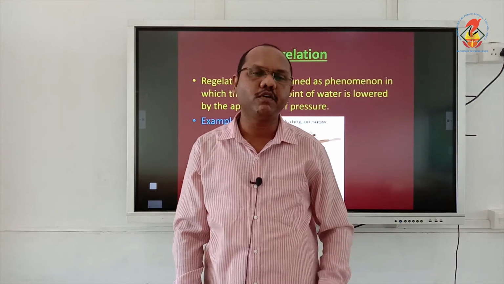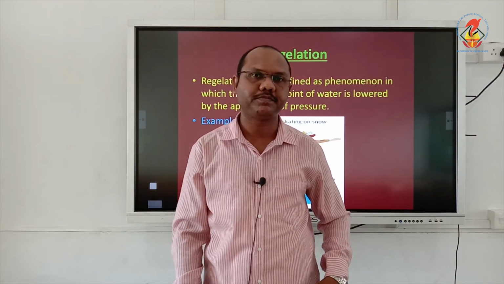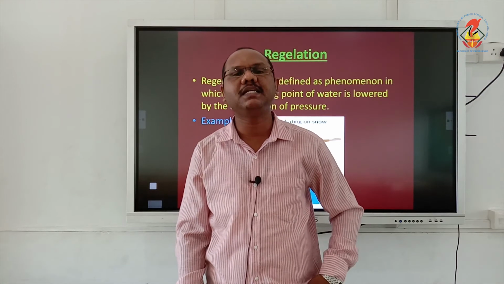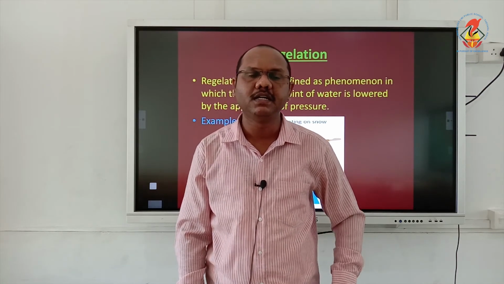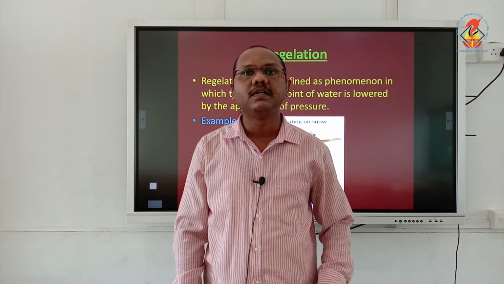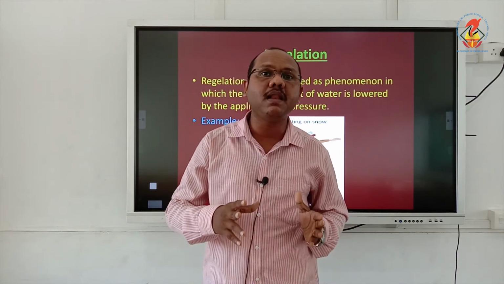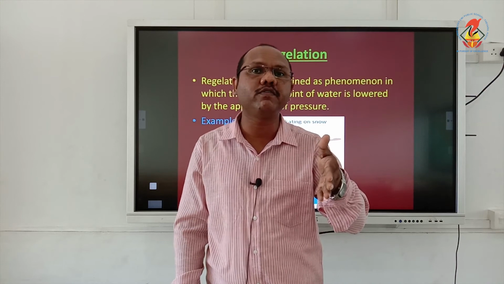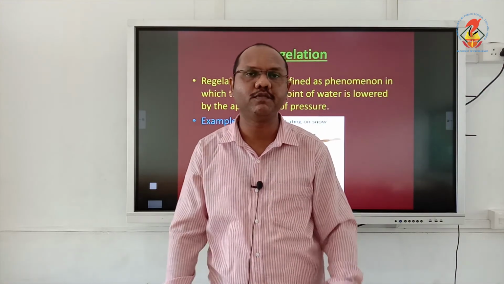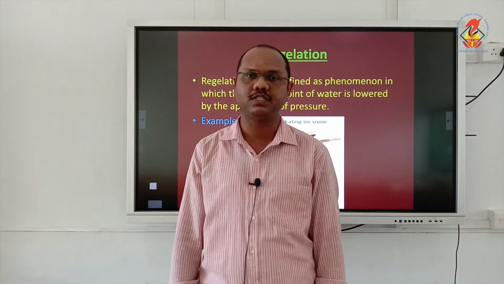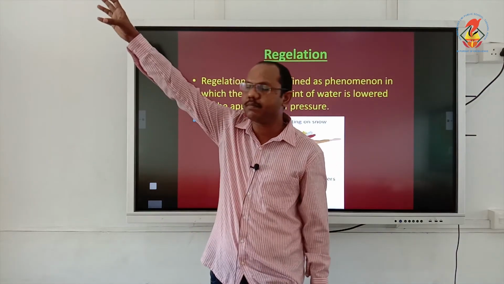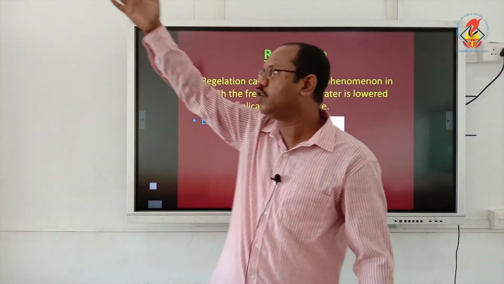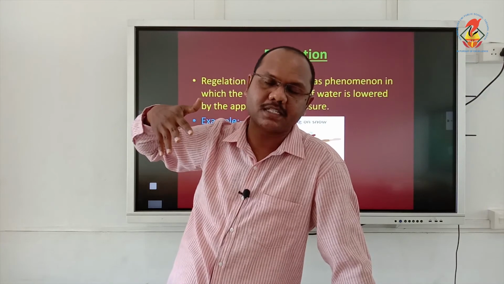Now, the third mode of heat transfer is radiation. Radiation is the process of heat transfer by the actual transfer of heat waves, which are called infrared radiations. Example, the heat coming from the sun. There is no medium for the heat to transfer.